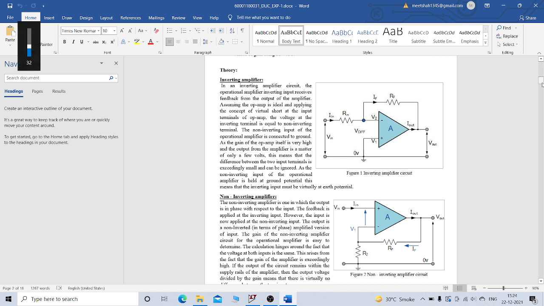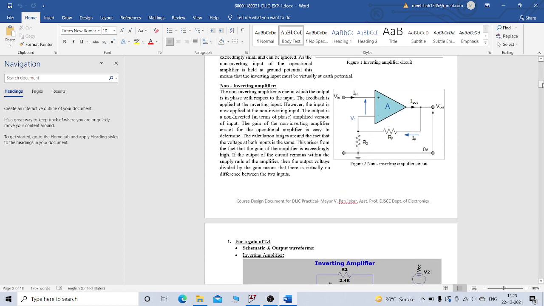The non-inverting input is connected to ground, as the gain of the op-amp itself is very high and the output from the amplifier is a matter of only a few volts. This means that the difference between the two input terminals is exceedingly small and can be ignored. As the non-inverting input is held at ground potential, the inverting input must be virtually at earth potential.